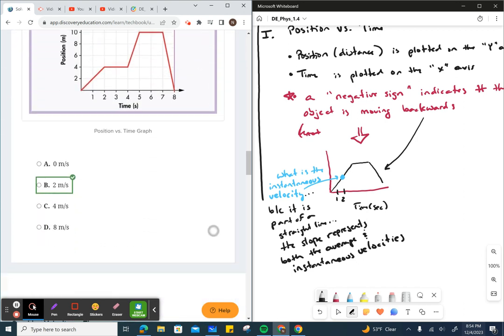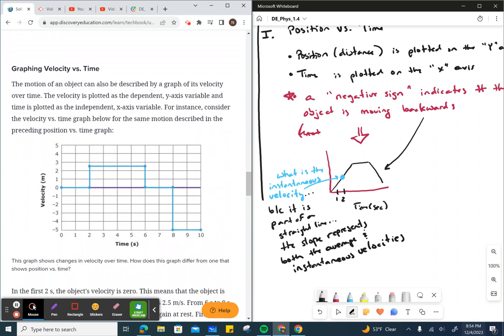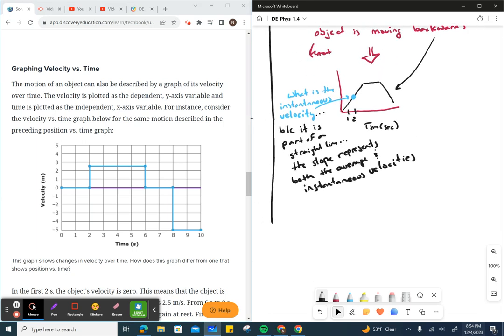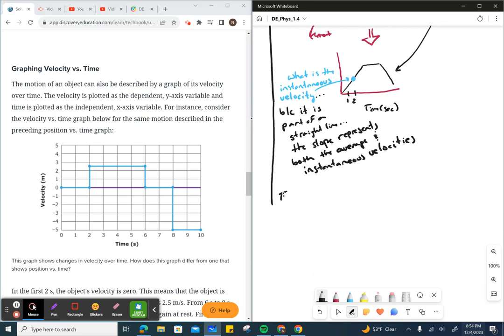And you're going to get into a few more problems, and then you're going to get into the next thing, Roman numeral 2. And this is going to be graphing velocity versus time.